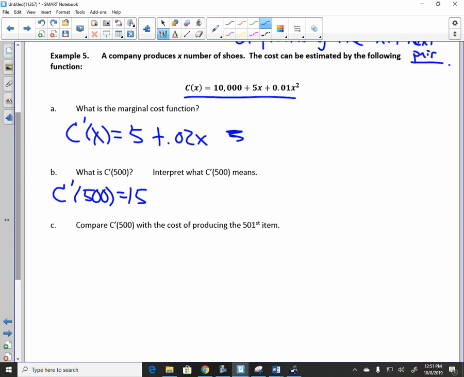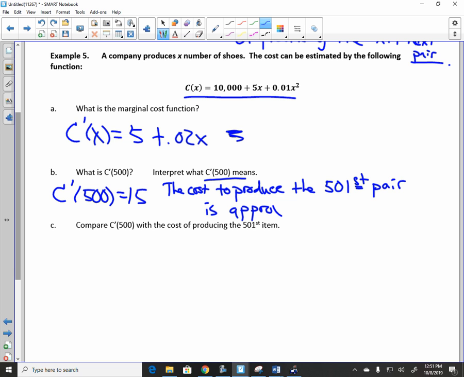So maybe it costs $80 to produce the first one, $78 to produce the second one, but now the rate is so good, it's only costing $15 a pair right now. So what does C prime of 500 mean? The cost to produce the 500 first pair is approximately $15.